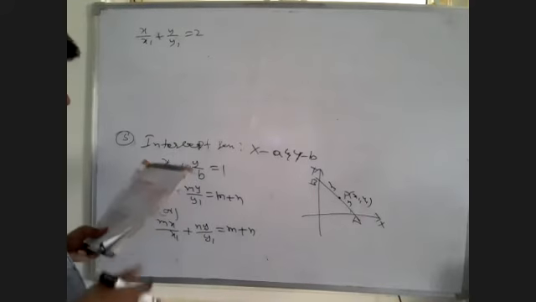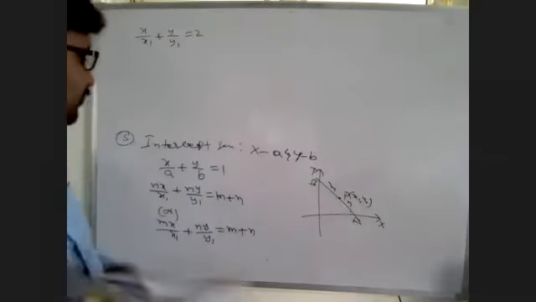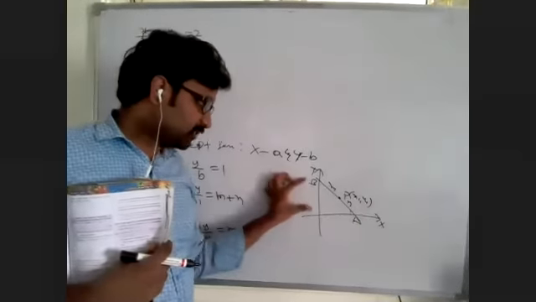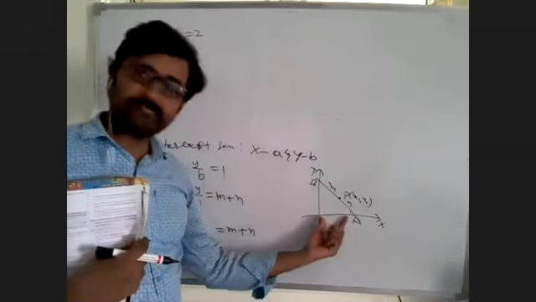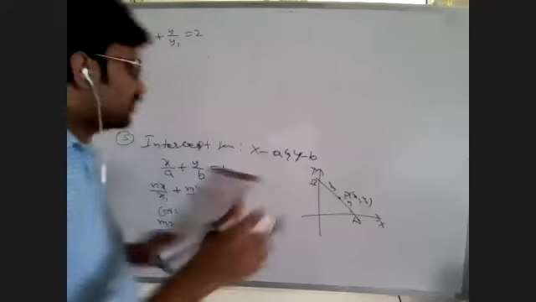Next, equation of the line making equal intercepts on the axes. If these two intercepts are equal, this is 5 centimeters, then this is also 5 centimeters. Then what is the equation?